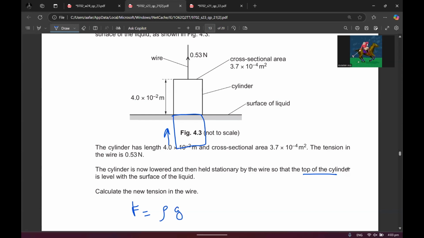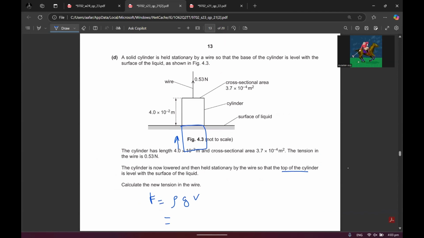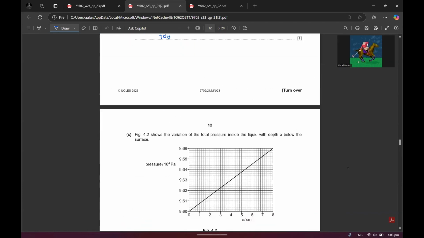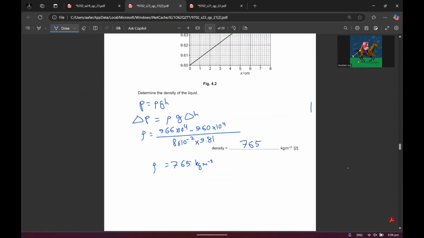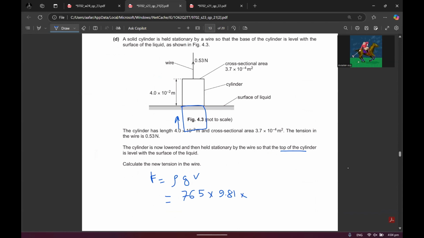Upthrust is basically rho gV, and we calculate the density from over here. Density is 765. So 765 times 9.81 times volume. Volume is cross-sectional area times height: 3.7 times 10 to the power negative 4, times 4 times 10 to the power negative 2. That gives us around 0.11.